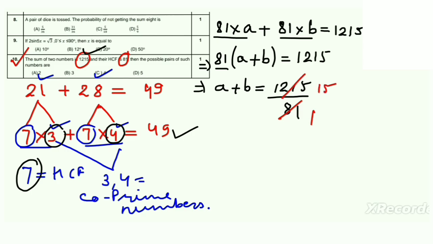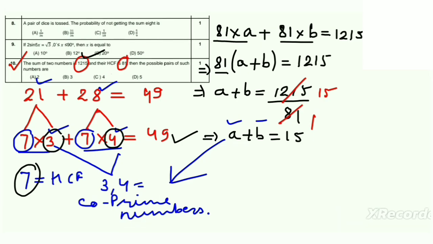So finally we obtain A plus B equal to 15, and as we know, this A and B are co-prime numbers, right? So again, we have to split this 15 into such pairs which are co-prime numbers, right?